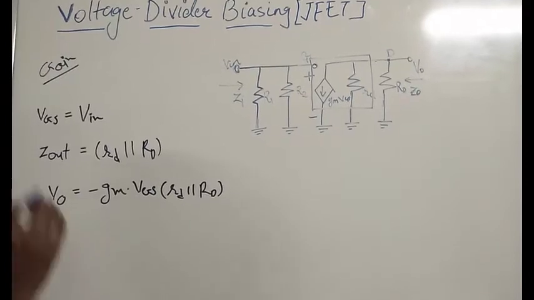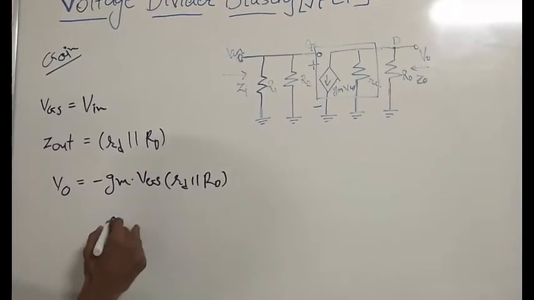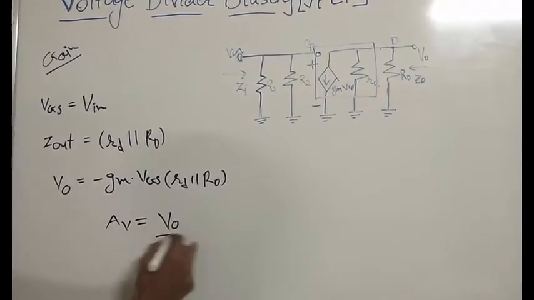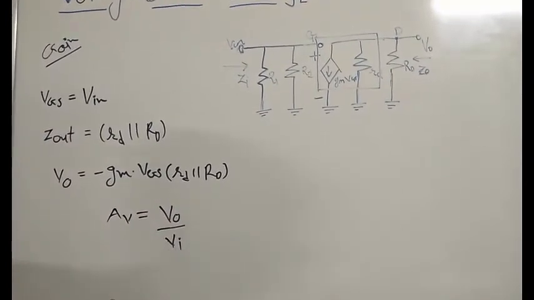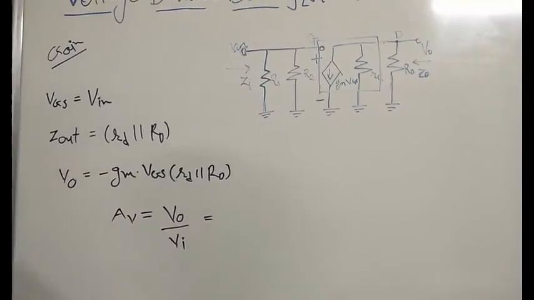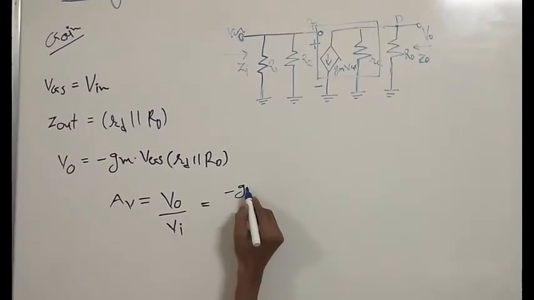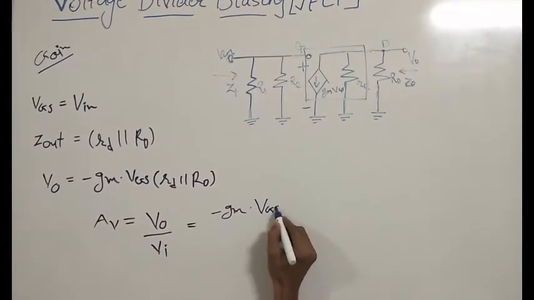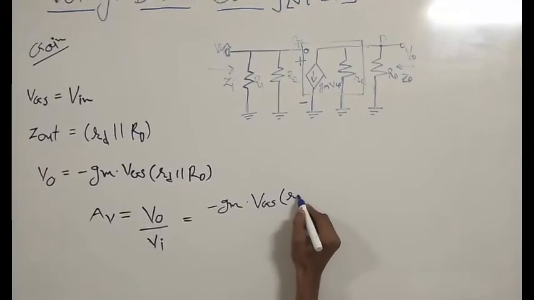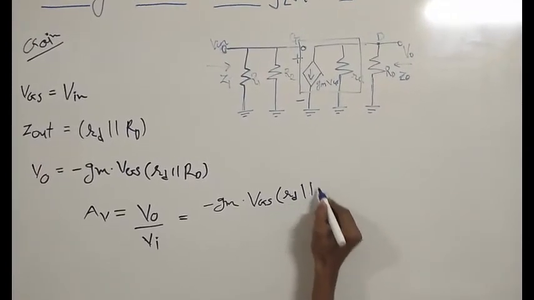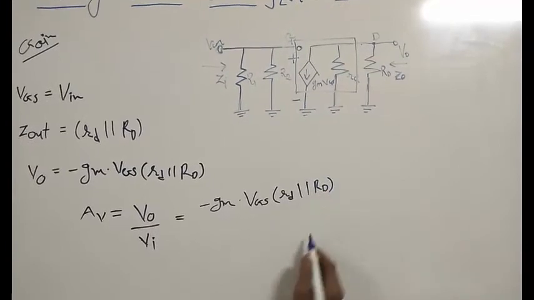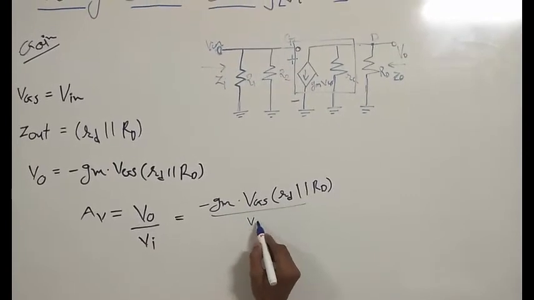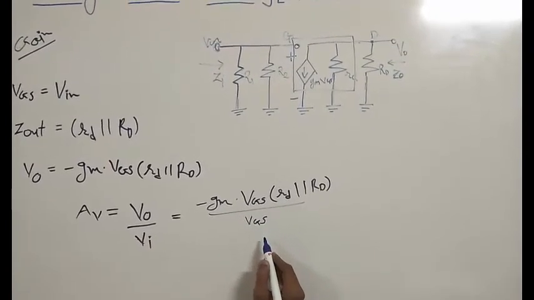So here the voltage gain AV is equal to output voltage upon input voltage. So we can write that minus GM into VGS into small rd parallel with capital RD, upon input voltage VGS.